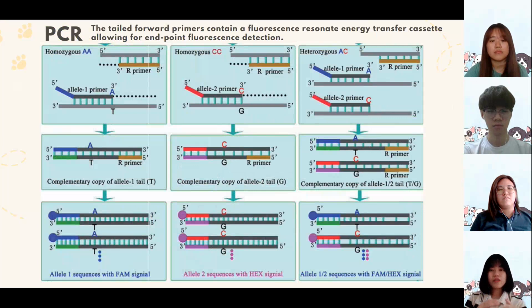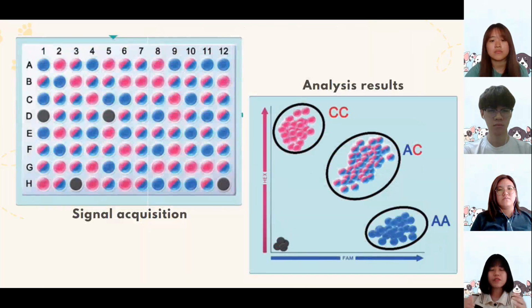The tail-forward primer contains a fluorescence resonance energy transfer cassette, allowing for endpoint fluorescence detection. So we are able to differentiate the sequence with both primers' fluorescence to determine the genotypic profile of a dog at the loci of interest, and then allow the forensic investigator to predict the numerous skeletal phenotypes of a dog.